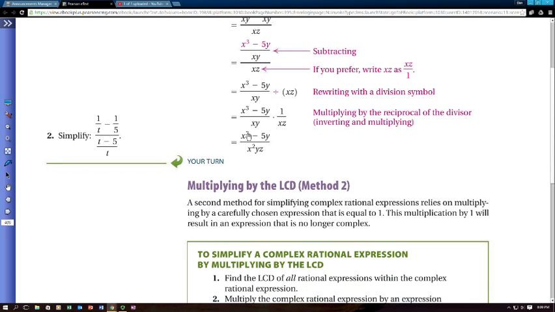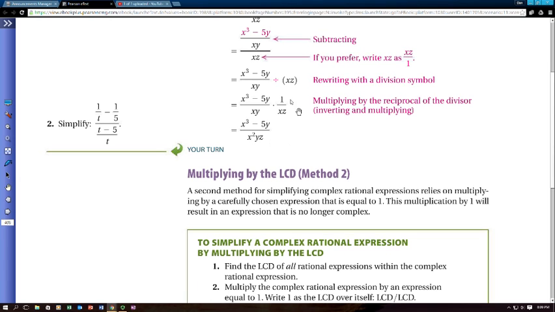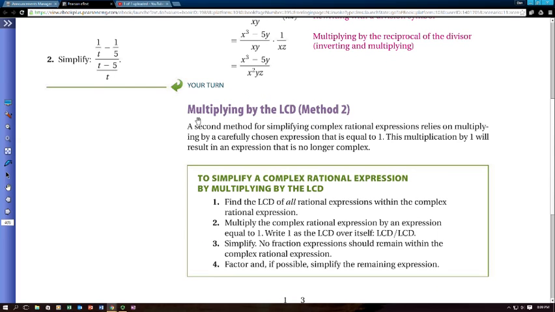Then I have this multiplication. I look for any common prime factors. It doesn't look like there is anything here in the multiplication, so I multiply. I get x cubed minus 5y over x squared yz. I'll stop here. I'll make another video on multiplying by the LCD.